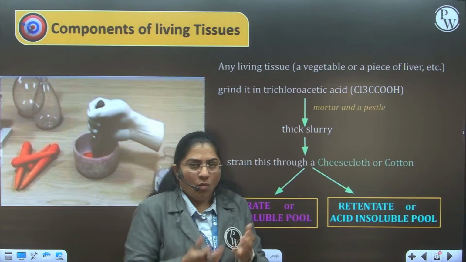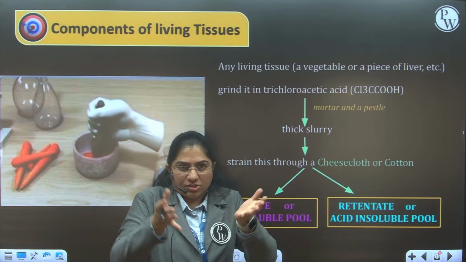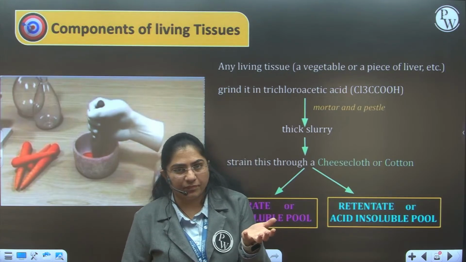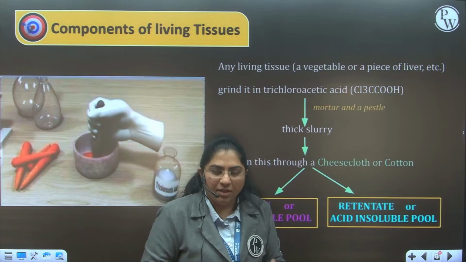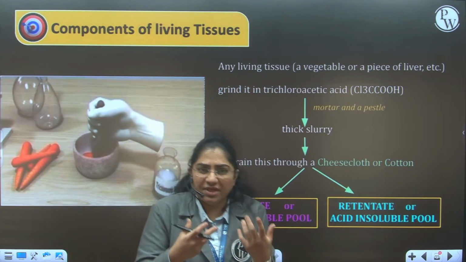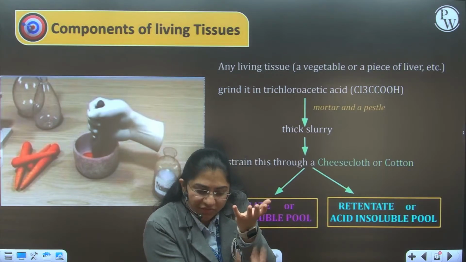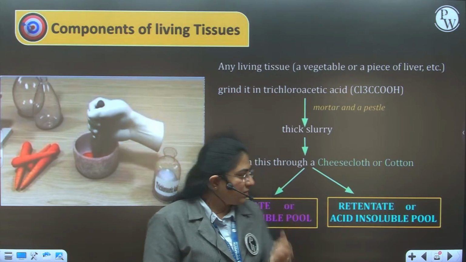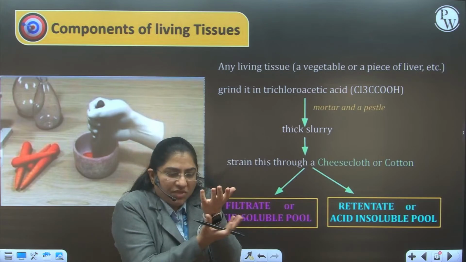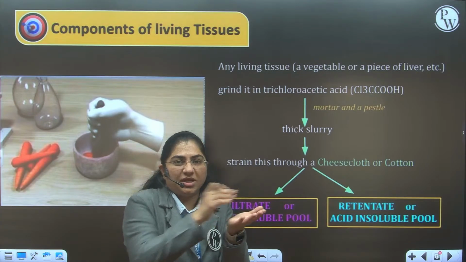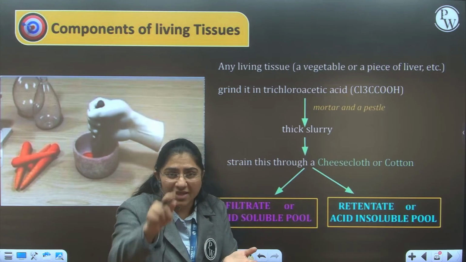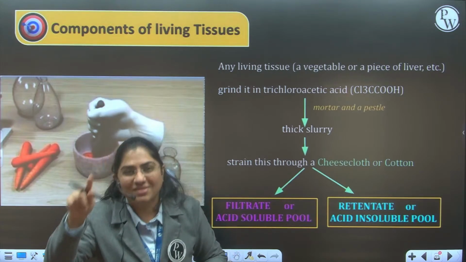slurry. We are going to take a cheesecloth or a cotton cloth and strain the slurry. Whenever we strain anything, some things get filtered out and some things remain in the cloth. Similarly, here also, something will get filtered out and something will remain in the cloth. What gets filtered out is the acid soluble pool.